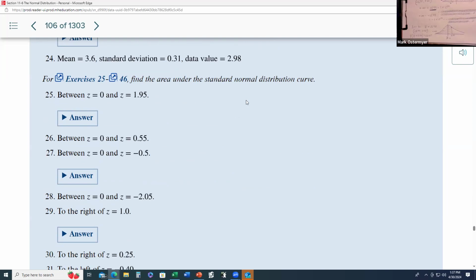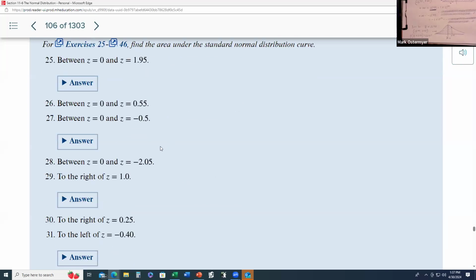I want you guys, using the normal calculator, by going to the Canvas course site and clicking on the main link, normal calculator, to compute some areas underneath the Z distribution for me. I want you to do these problems here: Classwork number 1, number 27, 29, and number 30. Compute all those areas using your calculator.